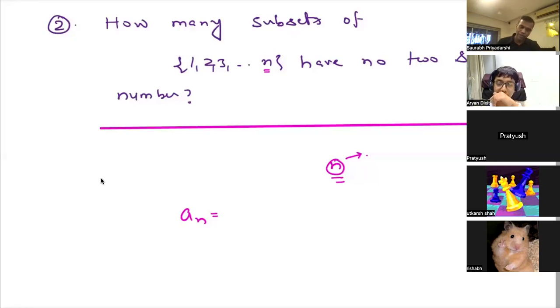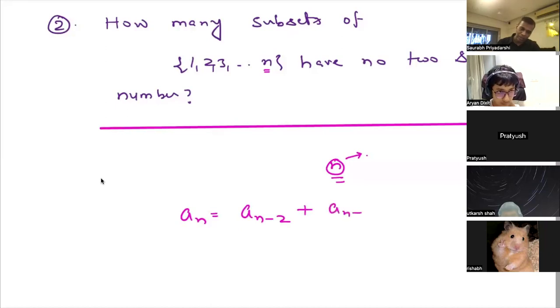If n is included, then 100% n-1 must not be there, so this must be n-2 options. But if n is not included, obviously n-1 we can take, so it will be an-1. One way of thinking will be something like this.